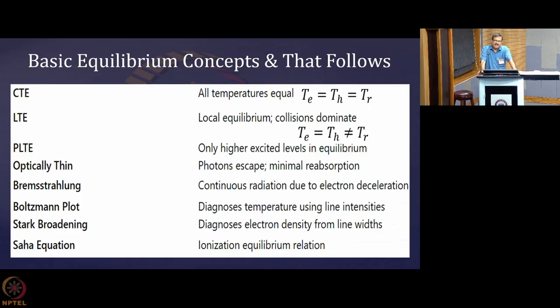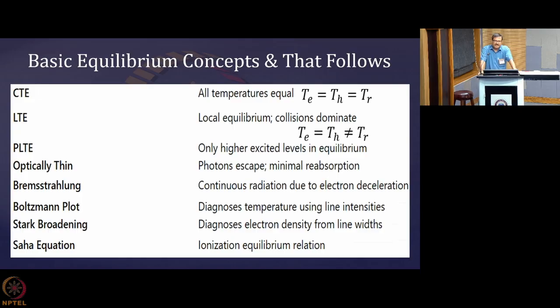As far as plasma diagnosis was concerned, we had the optically thin assumption, where photons escape and minimal absorption is considered. That is an assumption based on which our diagnostics were operating. Then Bremsstrahlung is a continuous radiation due to electron deceleration.